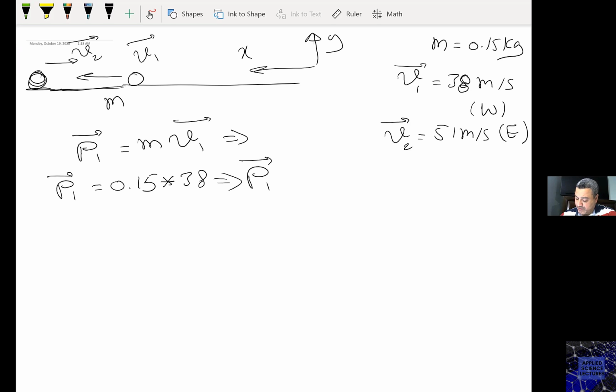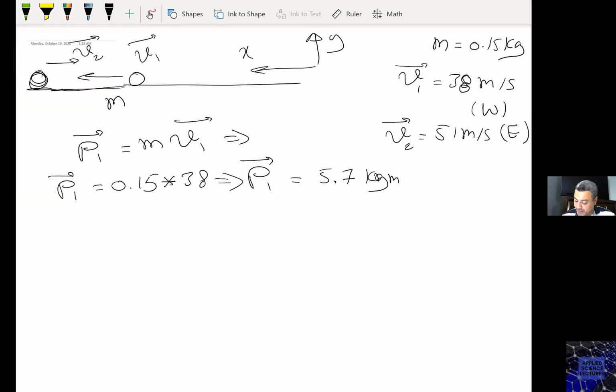P1 is 5.7 kilogram meter per second west.